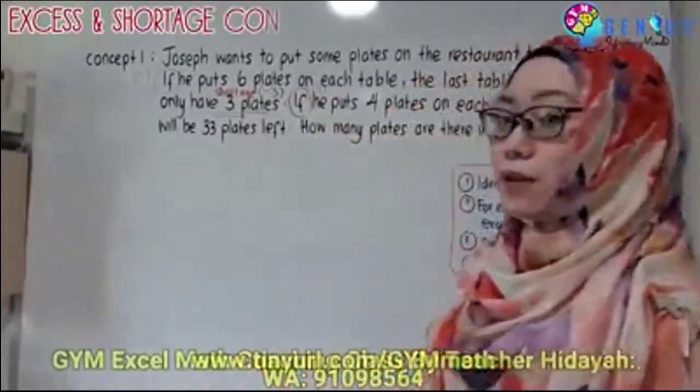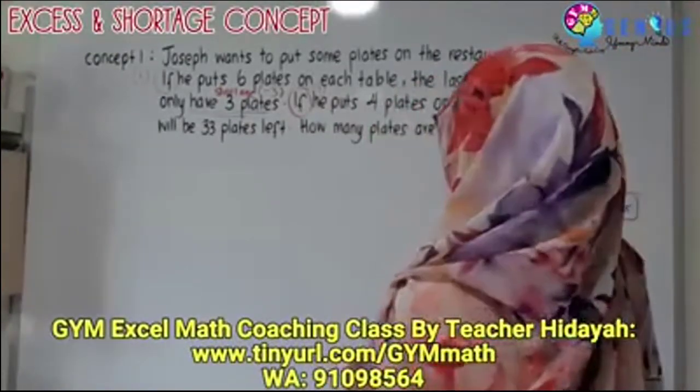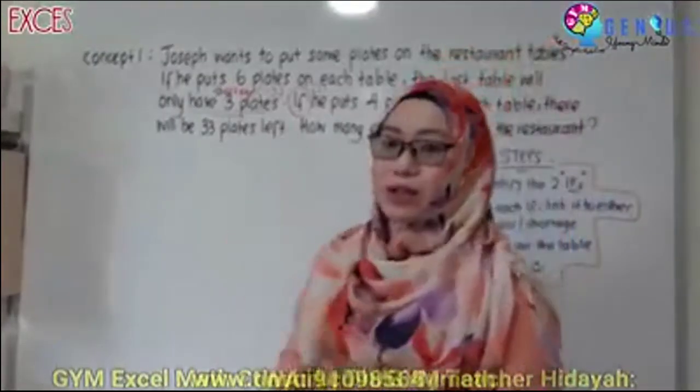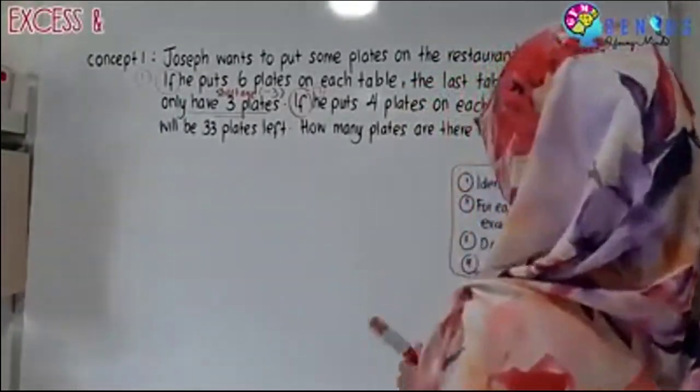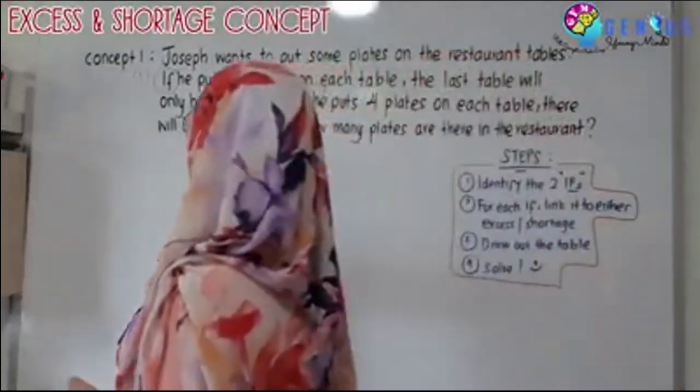For the second if, we zoom in: if he puts 4 plates on each table, there will be 33 plates left. Which means I want to put 4 plates on each table and then there are 33 plates left.